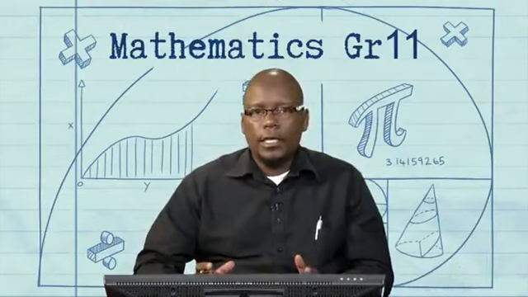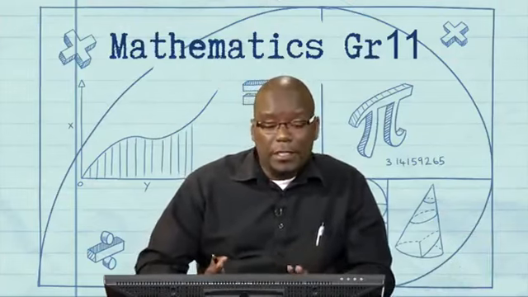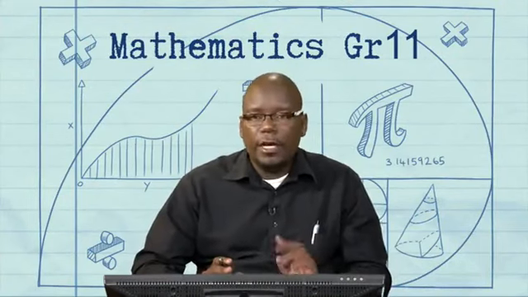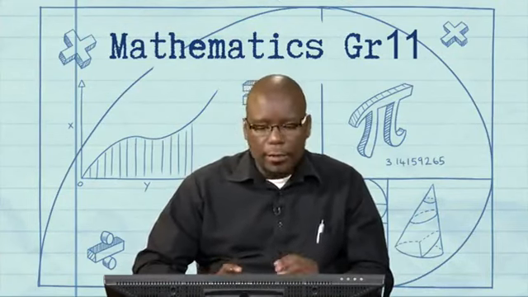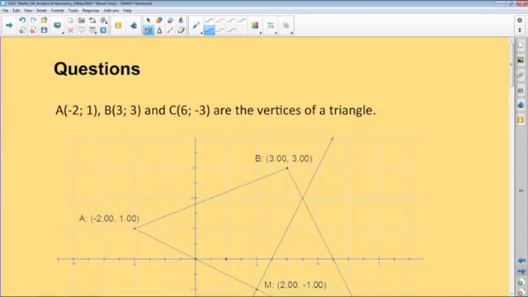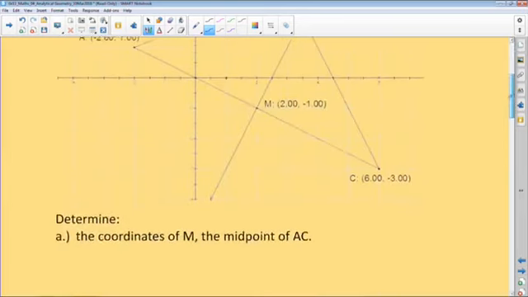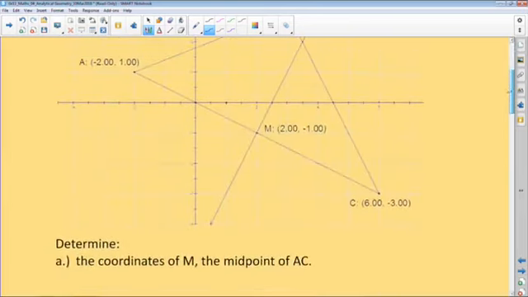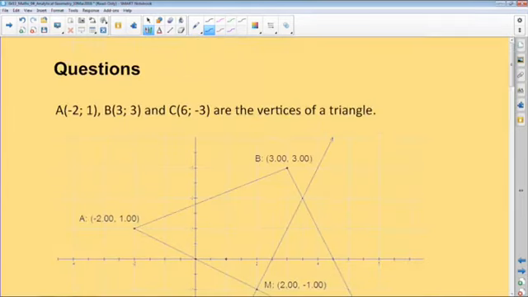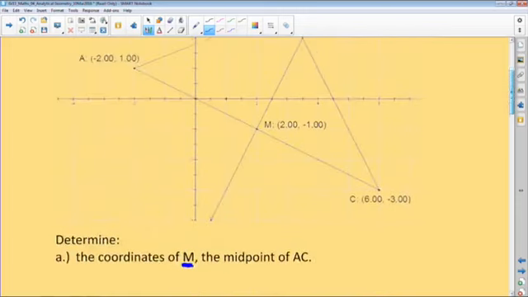Welcome back, guys. At least most of you are working, and I can see that most of you have done A, B, and C. That's wonderful. Let's look at the questions together. The first question: determine the coordinates of M, the midpoint of AC.